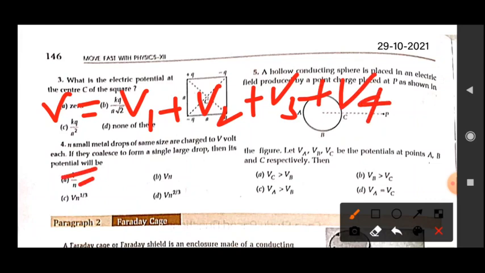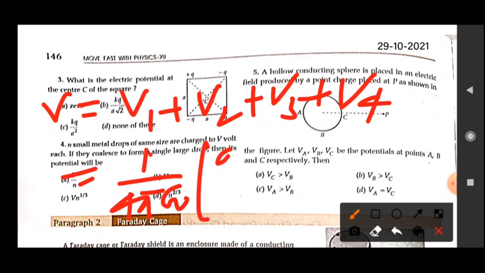I am writing. First of all, you can take 1 upon 4 pi epsilon 0 as common. Then V1 was q by root 2a.